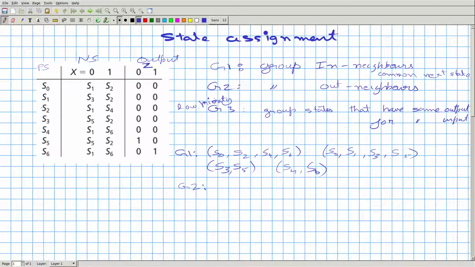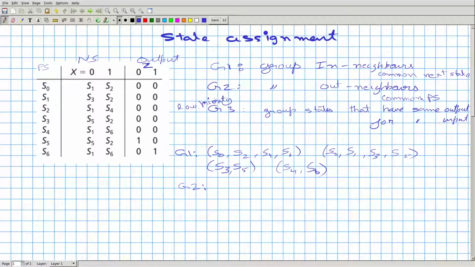Now we look for outgoing neighbors. Outgoing neighbors are all the states that have a common present state. So what are the common present states?